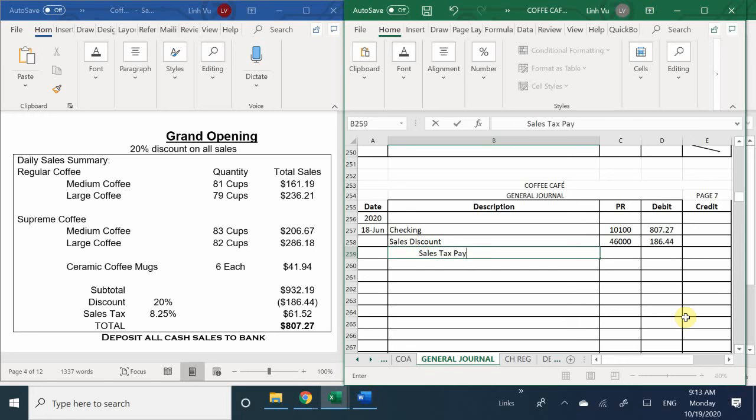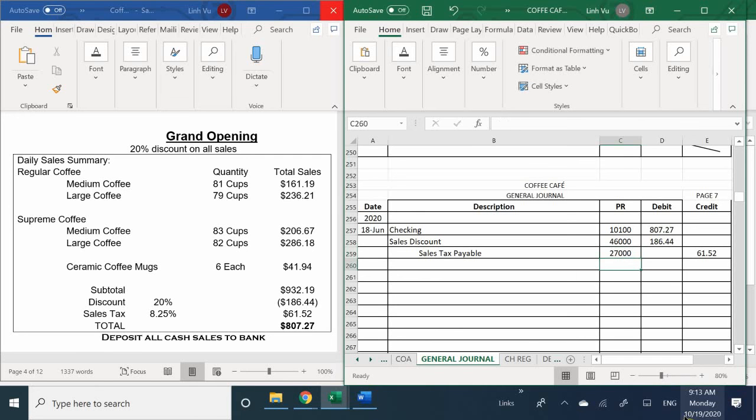Debit or credit? Credit. Credit for how much? 61.52. And what was my account number for it? $27,000?